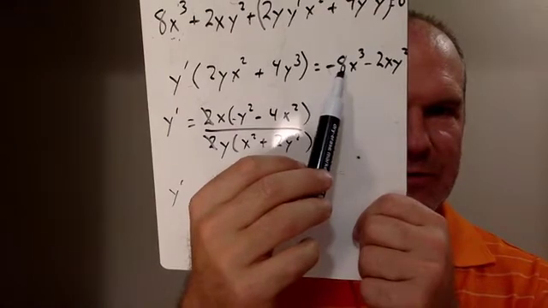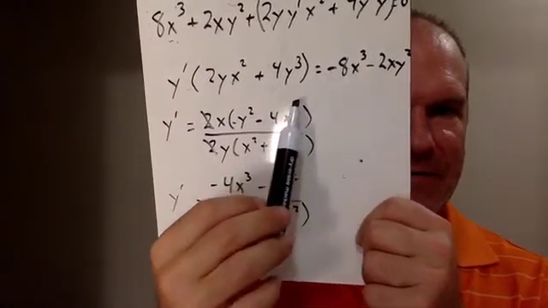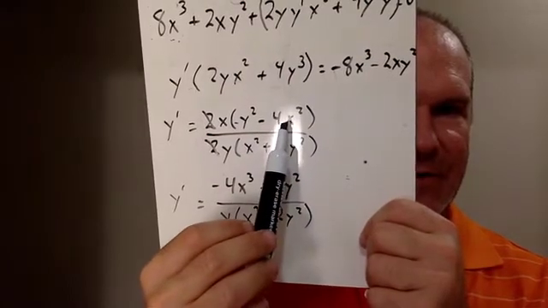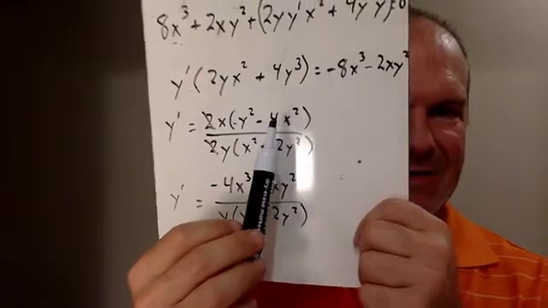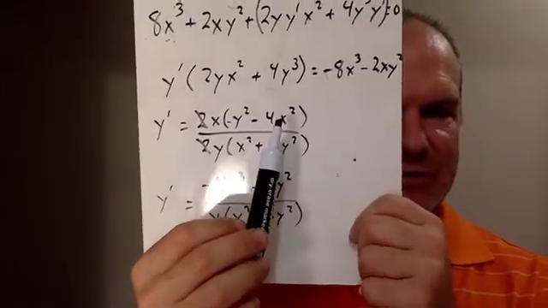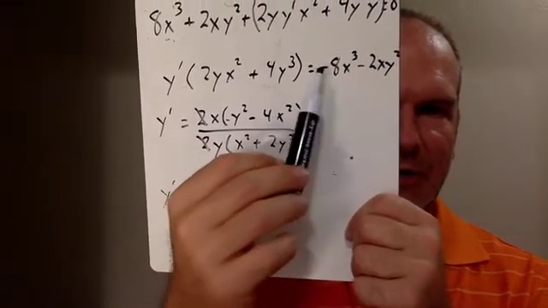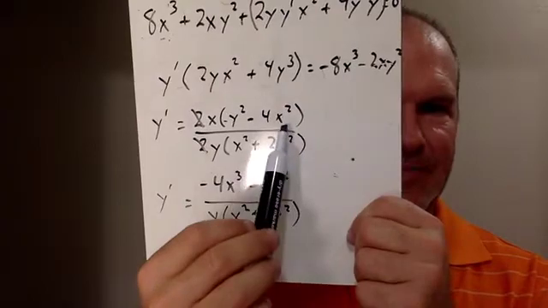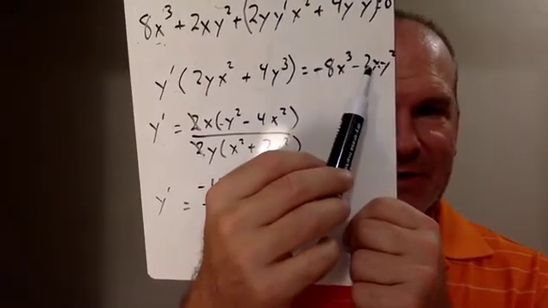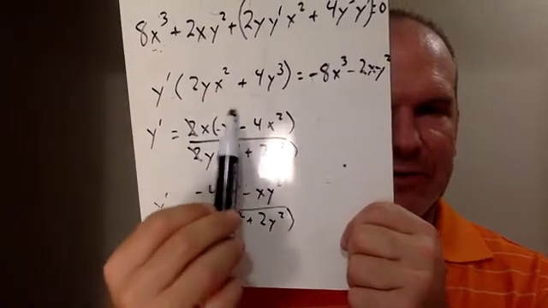You could pull a 2 out of this and an x, and you're left with negative 4x squared. So I rearranged the order. It's because this is taken from a multiple choice question on a test, and they rearranged it for some reason, so I'm rearranging it. I'm putting the negative x to the third as the second term here. You pull out a 2x here, and all you're left with is a negative y squared. So that's this. And I pulled out the 2x.